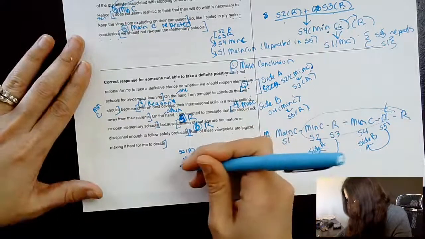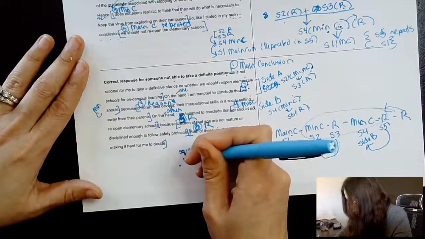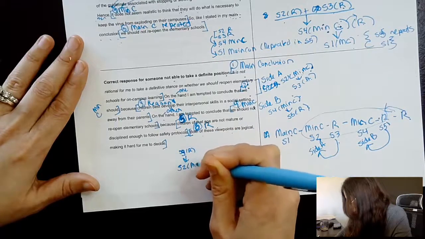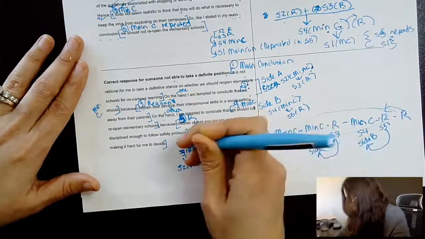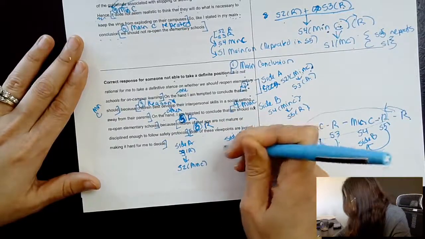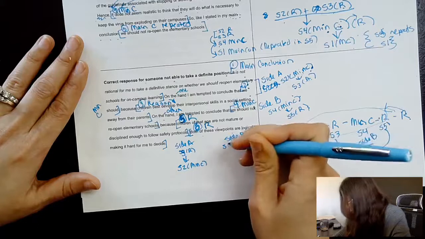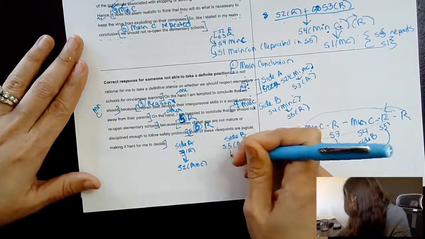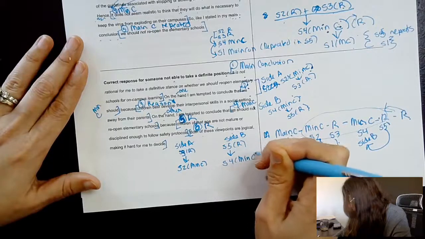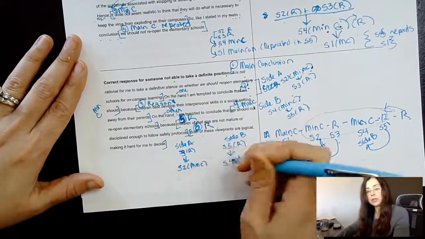So we've got S2, S3, a reason is given in terms of S2, the minor conclusion, so side A. Side B is S5, a reason given in support of S4, a minor conclusion, right? And again, these oppose each other, right?